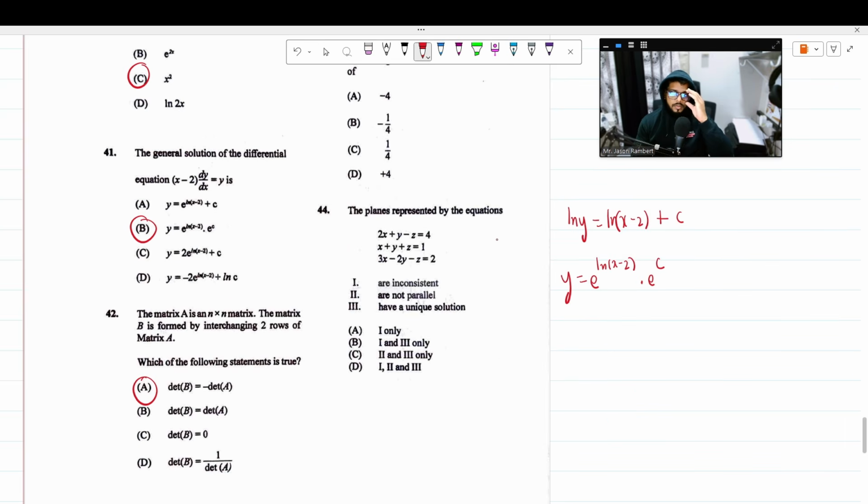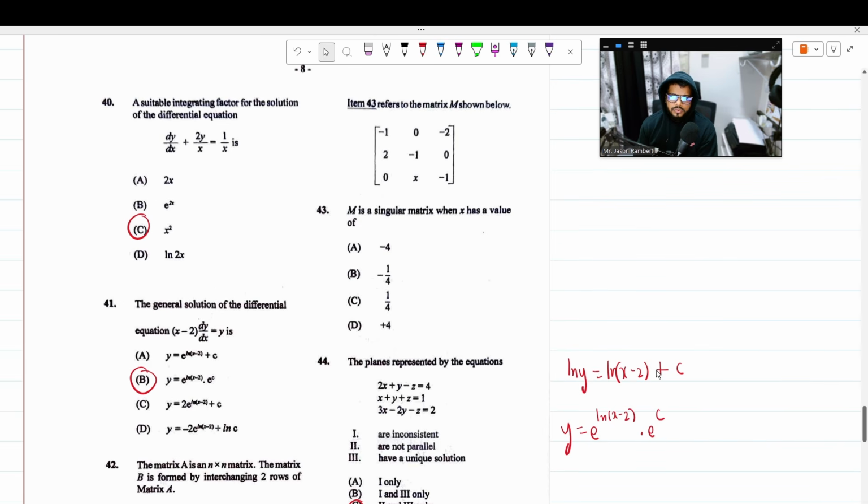Alright, I know the last one, the system is going to be not parallel and have a unique solution, so 2 and 3. So let me calculate the determinant of this matrix and put it equal to 0.